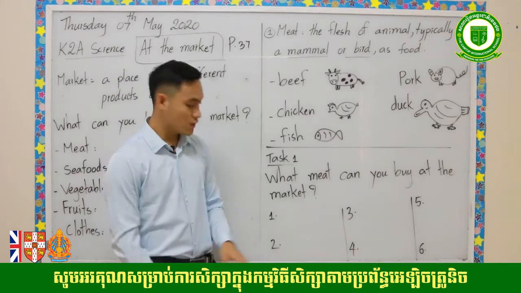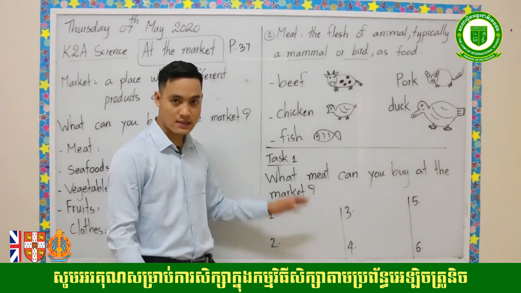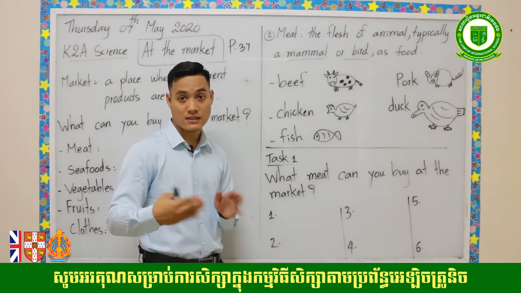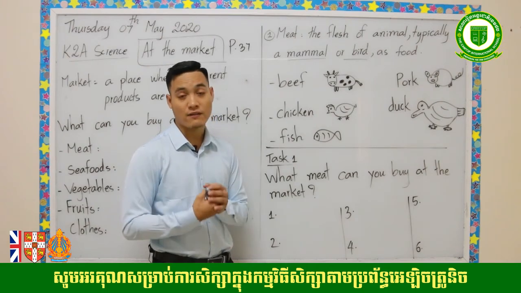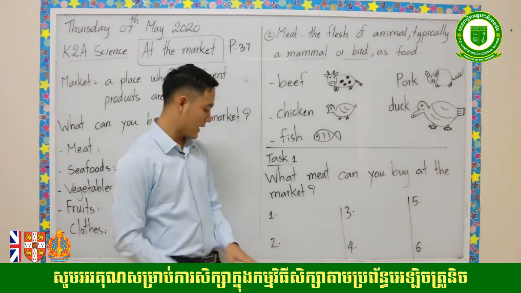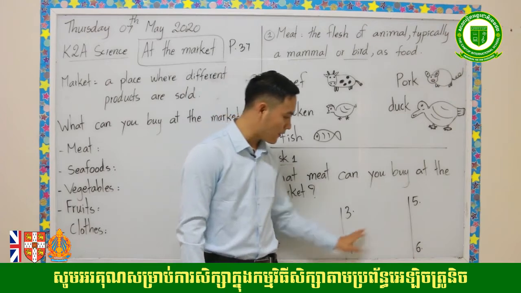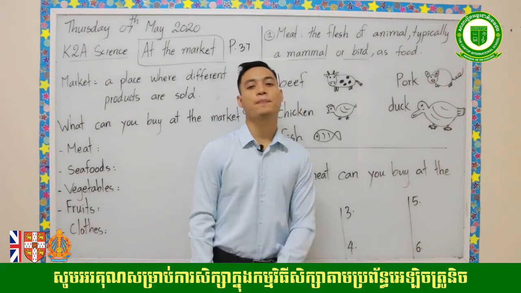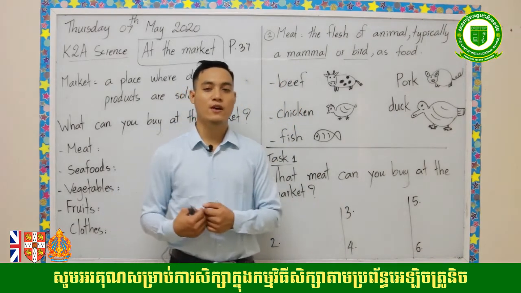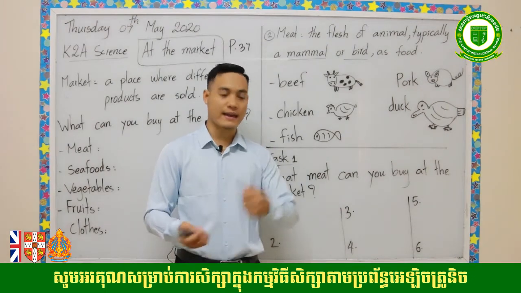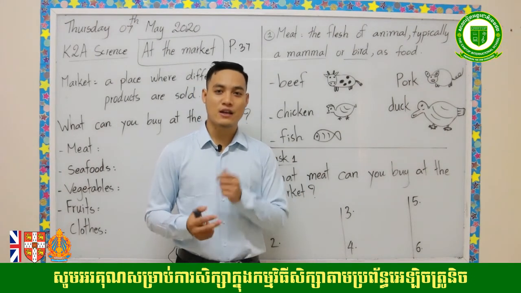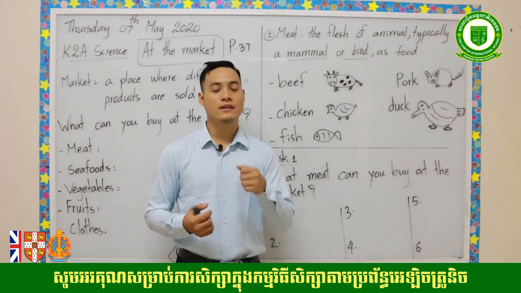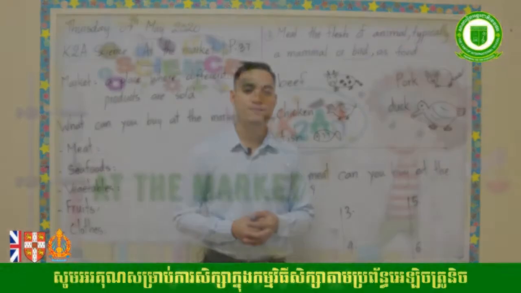You need to write down 6 different kinds of meat that you can find or buy at the market, here 1, 2, 3, 4, 5 and 6. Don't forget to watch the video, read your book and answer task 1. Thank you for watching and see you in the second video.